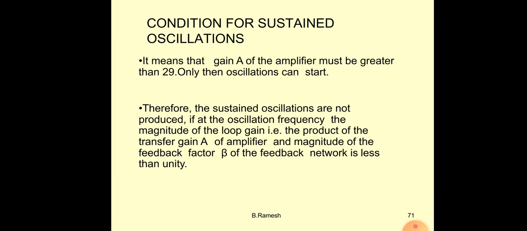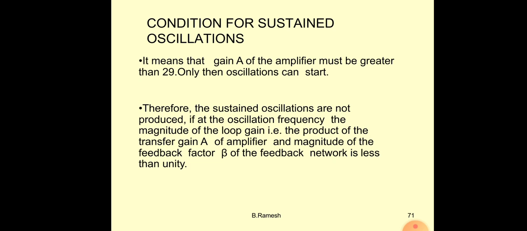Condition for sustained oscillations. It means that the gain of the amplifier must be greater than 29, only then can oscillation start. To produce oscillations in the circuit, the amplifier gain must reach 29, only then does oscillation start in an RC phase shift oscillator.